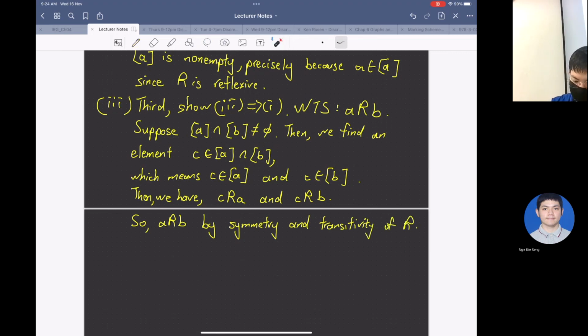CRA implies ARC, and then ARC and CRB implies ARB. So A is related to B. This is what we wanted to show.